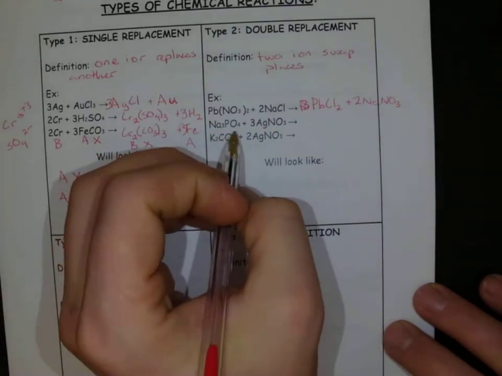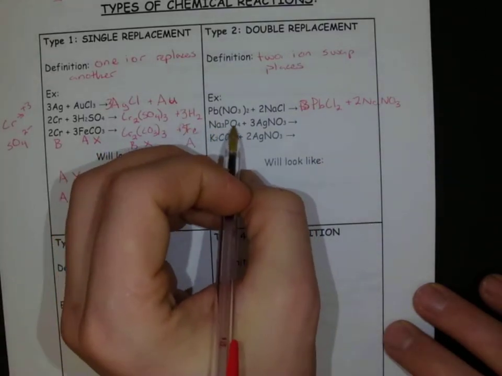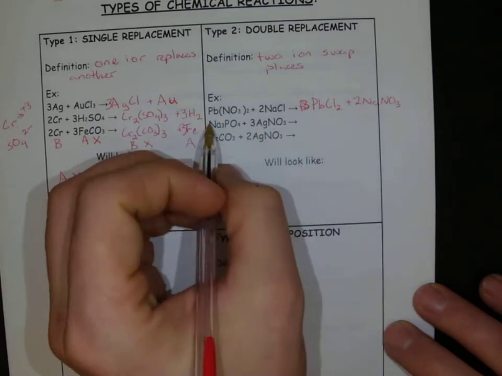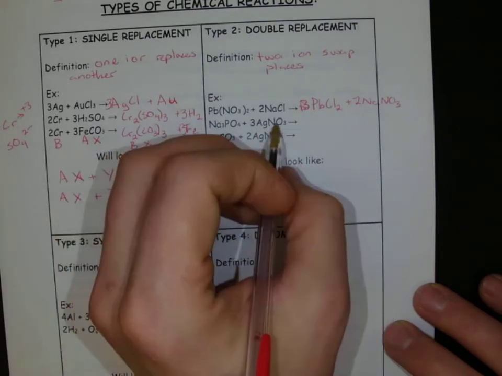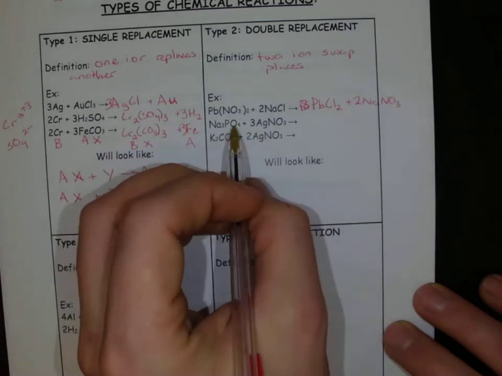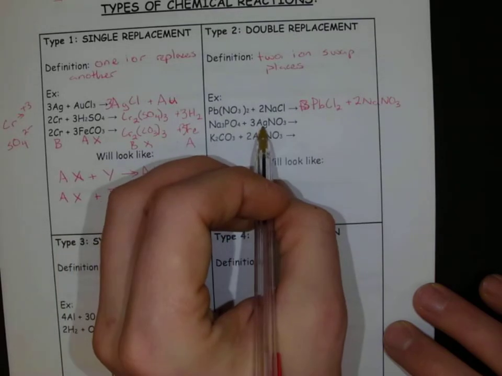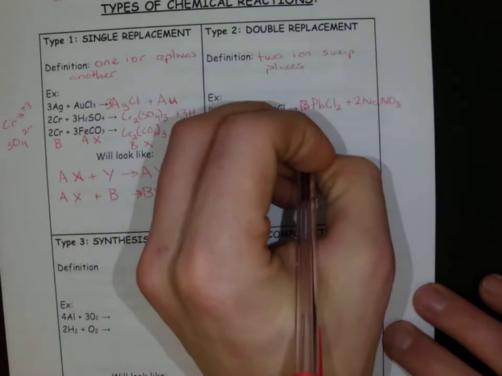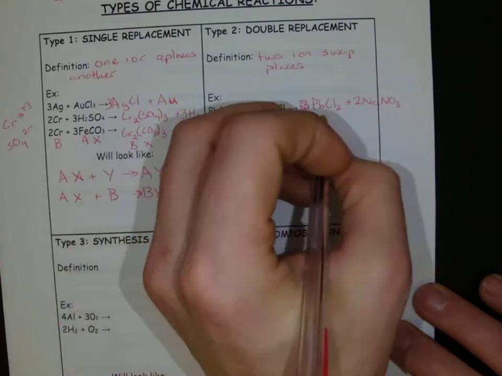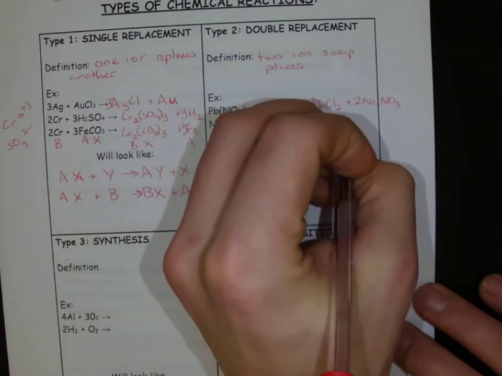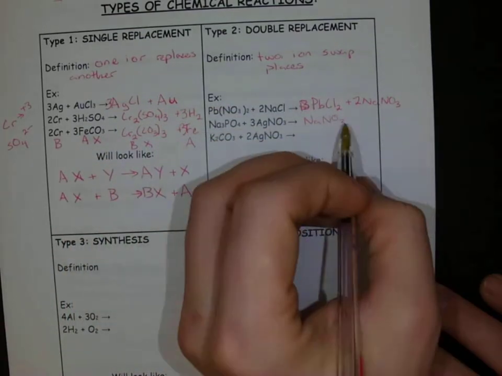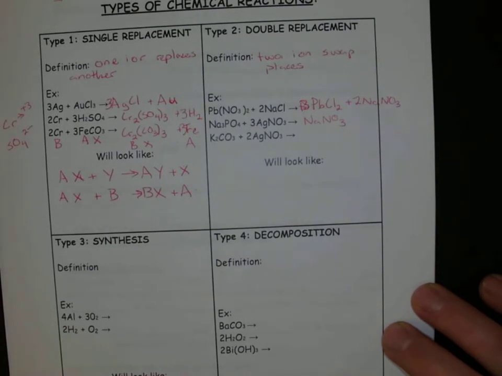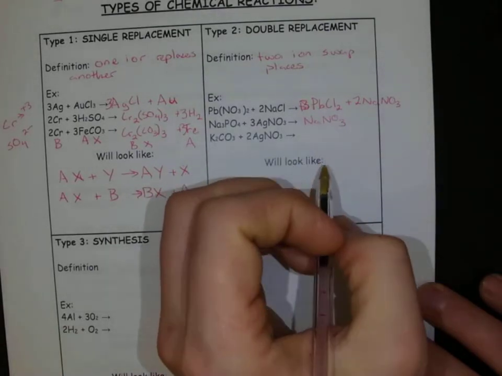Let's look at this second reaction here. Again, we've got a positive and a negative, positive and a negative. So this positive is going to combine with this negative, and this negative is going to combine with this positive. So let's write our sodium combining with nitrate again. Well, that's NO3. Sodium is a +1. Nitrate is NO3 with a 1-. So we've got sodium nitrate.